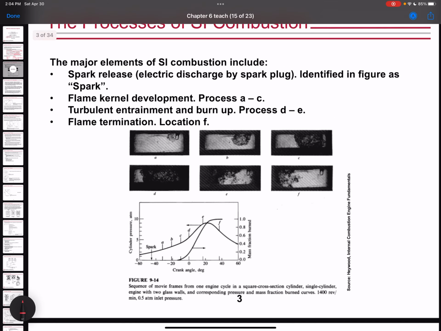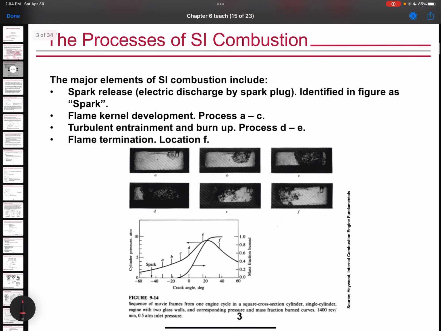Okay, so let's go ahead and dive then into the details about spark ignition combustion. And of course, it's probably obvious, but just to state the obvious, what really distinguishes spark ignition combustion is the fact that we're using an external source of energy, explicitly a spark, to start and initiate the combustion process.